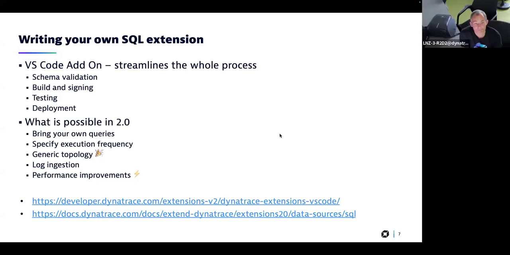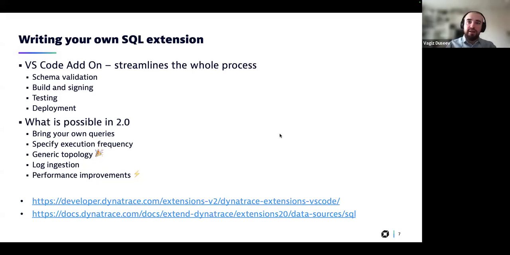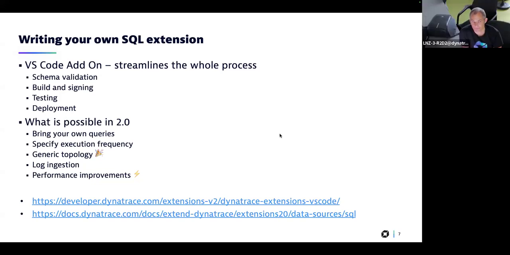So let's say you have an instance of Oracle and we don't provide certain kind of monitoring out of the box. It's very easy to write an extension which will pull that kind of data, process it exactly as you wish, and ingest it into Dynatrace, and it will complement what we already collect for you. So that's a great use case as well. Cool. I would say let's see it live, because I only believe it if I see it.